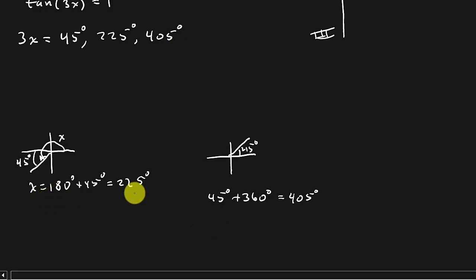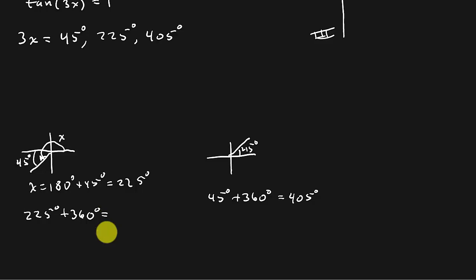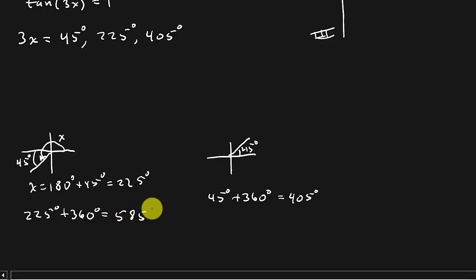And then I need to go around this one again. I'm at 225, so from 225 I'm going to add 360, and so I get 225 plus 360, that's 585, and so 585 is a solution. And then I'm going to jump back to this one, and I went around twice on both of them.